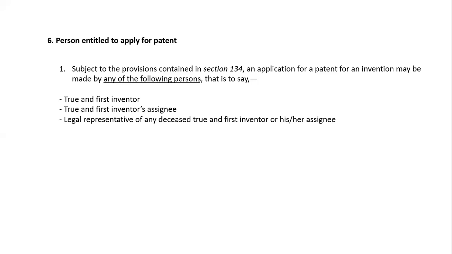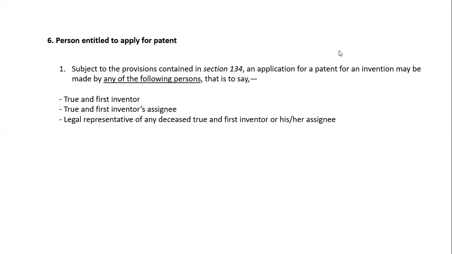That is first is true and first inventor, true and first inventor's assignee, legal representative of any deceased true and first inventor or his or her assignee. अभी आपने ये डेफिनेशन पढ़ी है तो आप बताइए मुझे ट्रू एंड फर्स्ट इन्वेंटर क्या होता है? True and first inventor is the inventor himself.